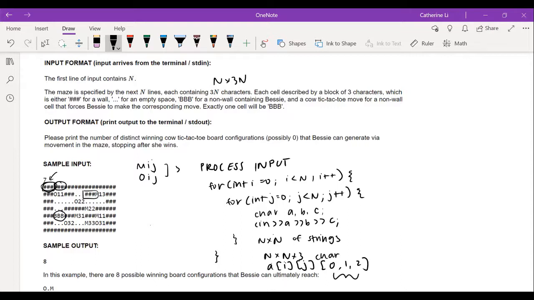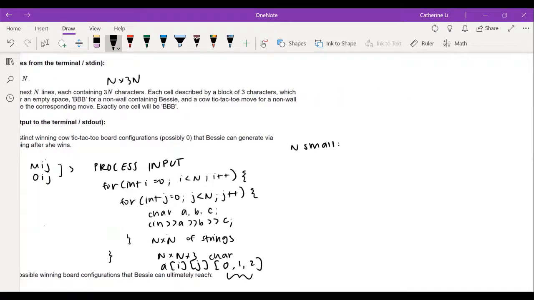Okay, so now onto the actual part of the problem that we have to think about what to do. We have these different choices of how to go around the grid, and because n is pretty small, intuitively it makes sense that we should be able to go through all the different possibilities or all the different states using some graph traversal algorithm.